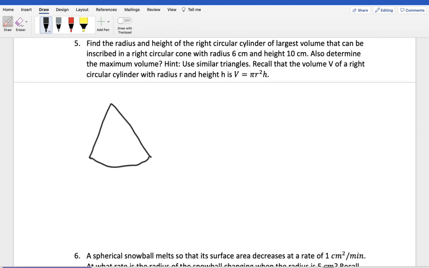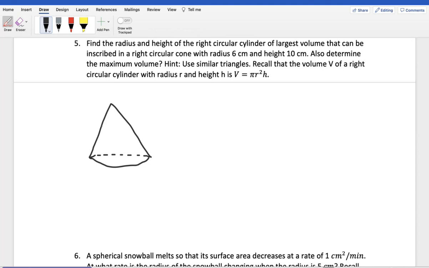And obviously from your engineering drawing class, you know that this line here is a dotted line because you can't see that side. So now they're telling us that we can fit in this cone a circular cylinder, right?